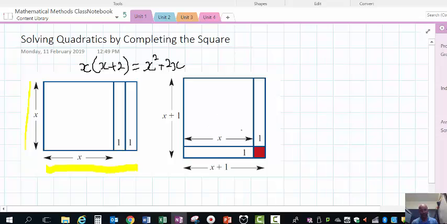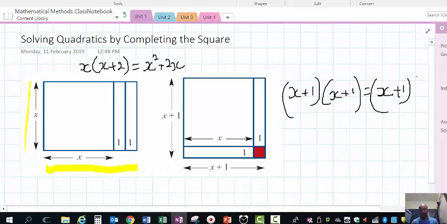On the right hand side we've got what's called a perfect square, and that's length of x plus 1 by another length of x plus 1 side by side. So that's a perfect square because we can write that as x plus 1 all squared, which we've seen in the past. So how do we convert or temporarily make something that's not a square into a square?